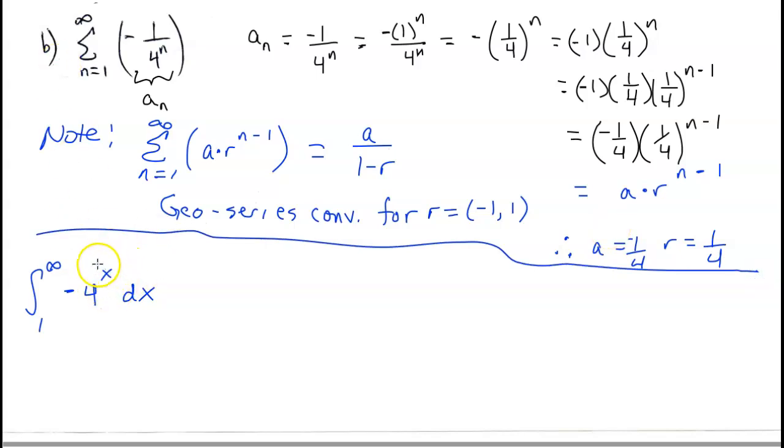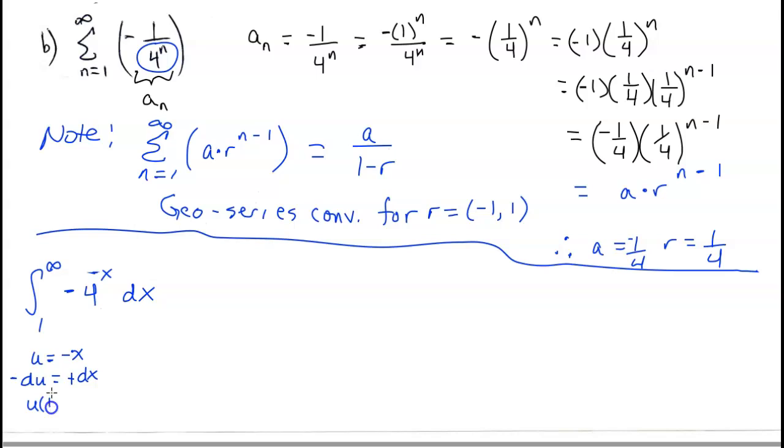So if we did this, and this will be a negative right here as well, because we're taking this and putting it in the numerator. So one thing that I can do here is use substitution. And if I use substitution, then u would be equal to negative x, which means that du would be equal to negative dx, or negative du is equal to positive dx.